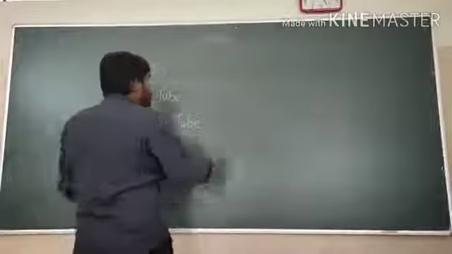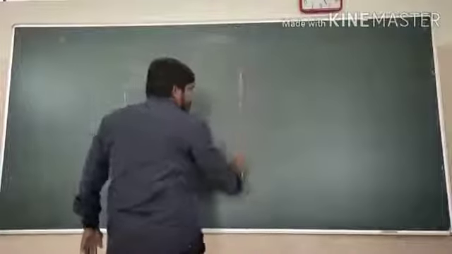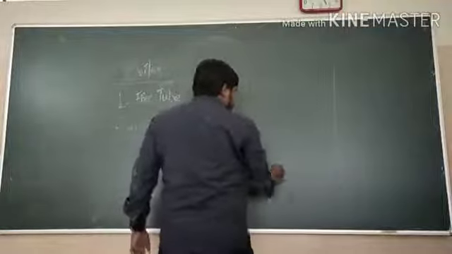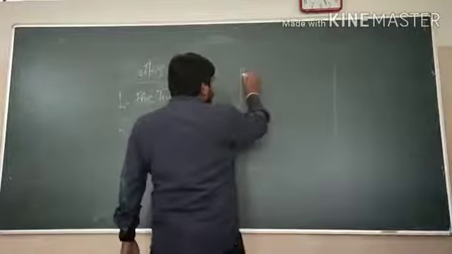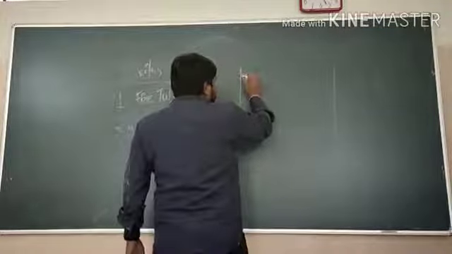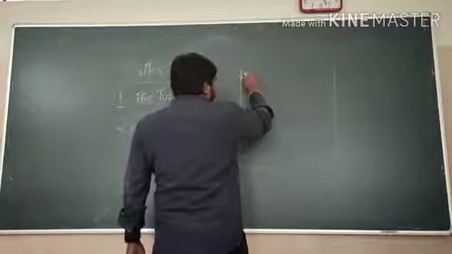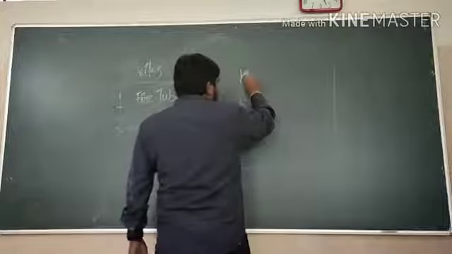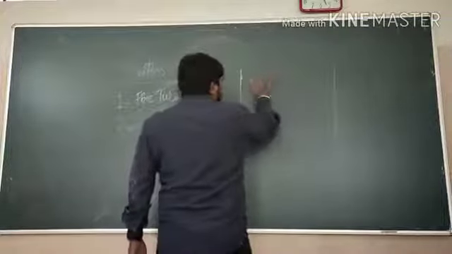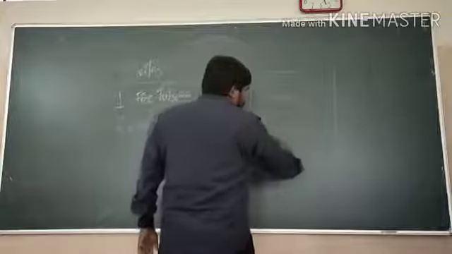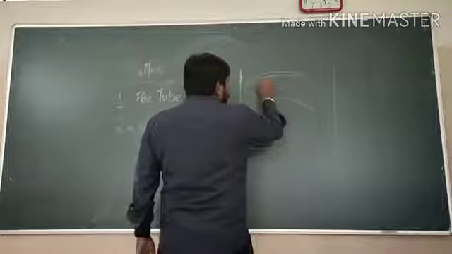So let's suppose this is my boiler. This is my boundary. On the boundary, I have these tubes.